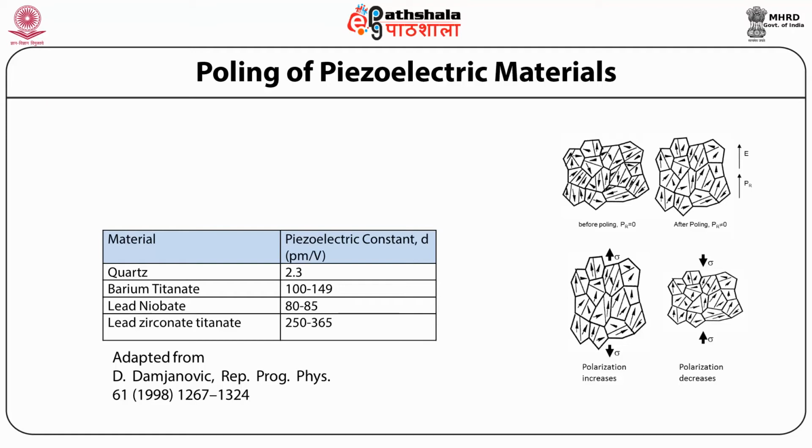But students, you can see that a maximum piezoelectric constant of 250 to 365 picometer per volt is also observed, and this is for lead zirconium titanate. You can observe from this table that the level of strain generated is not so massive but is still important because of the precision and reversibility of the effect.